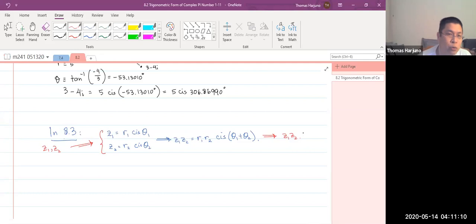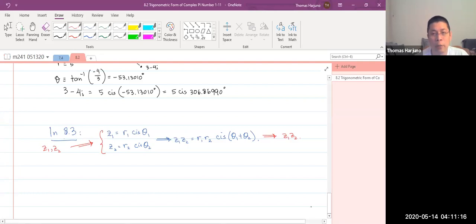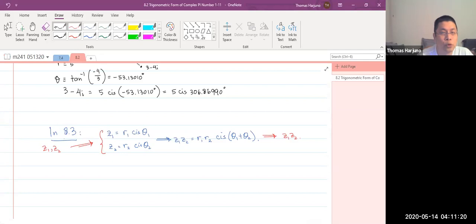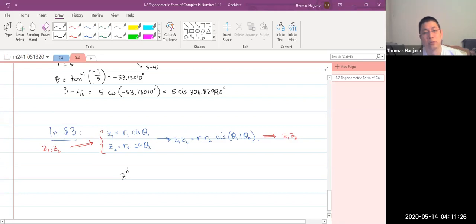That's why you need to be able to convert into trigonometric form. Furthermore, suppose I have z to the n, basically z times z times z times z. That will be r to the n cis n theta.